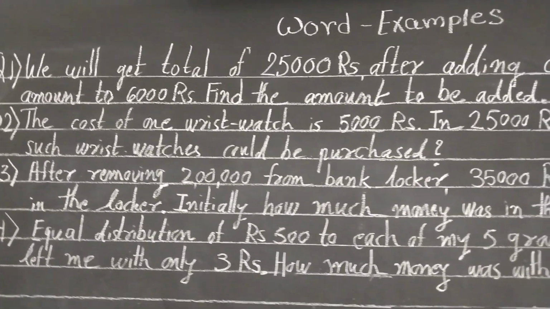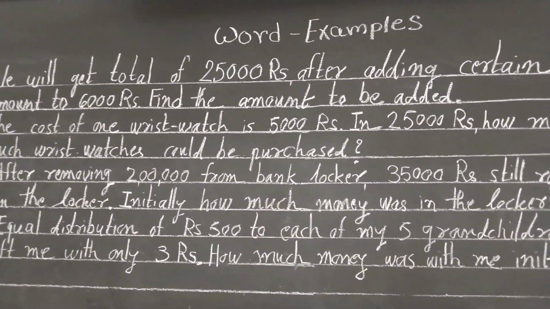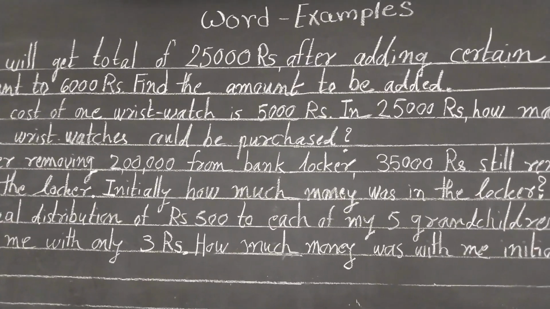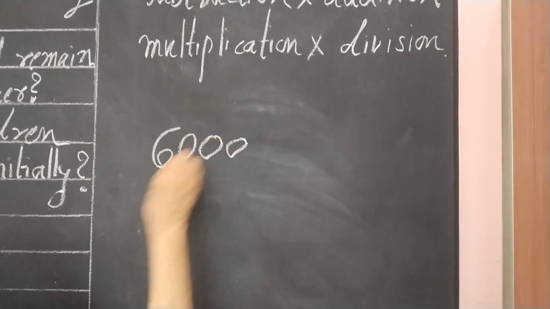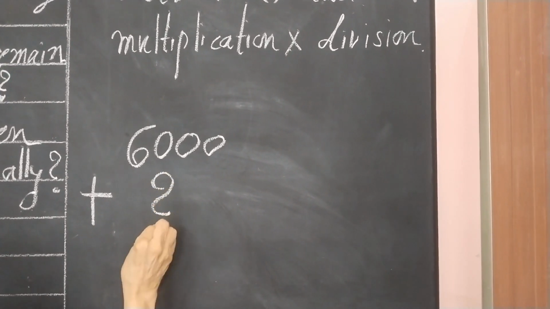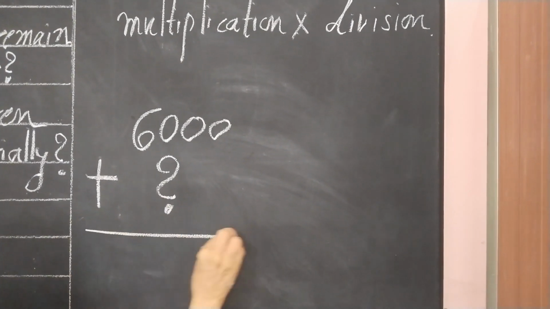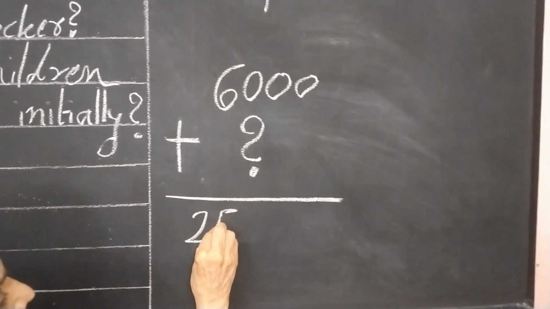The example says that after adding a certain amount to 6,000 rupees, so we have got 6,000 rupees, we have to add something, the amount we don't know as yet, to get what? To get a total of 25,000 rupees.